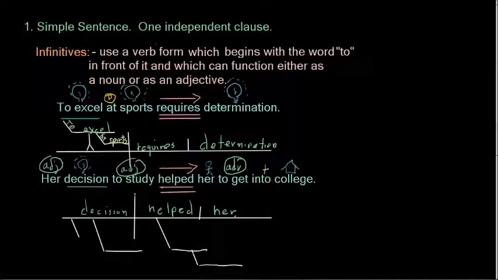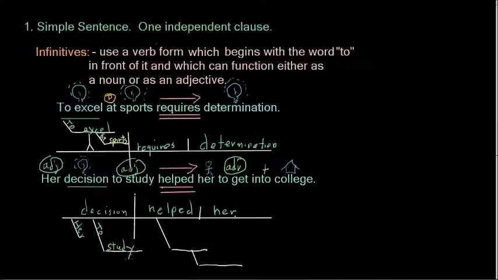Which decision? It's her decision. So we put it down here also. Her decision. Which decision? Here is where our infinitive is coming into play as an adjective. Her decision to study.